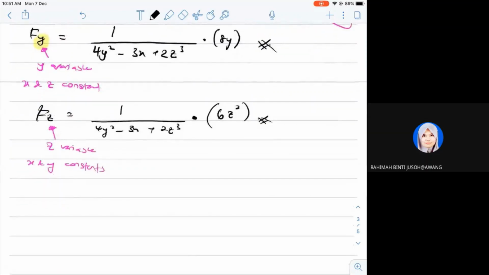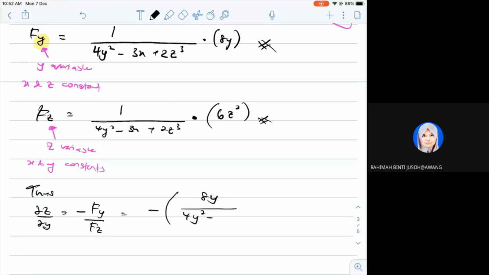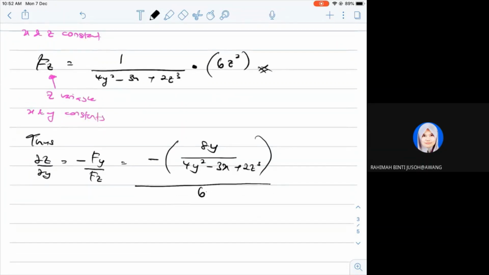Now, what happened, guys? Del z over del y is equivalent to negative fy over fz. So we have negative, open the bracket, 8y over 4y squared minus 3x plus 2z cubed. This is your fy, divided by 6z squared over 4y squared minus 3x plus 2z cubed.